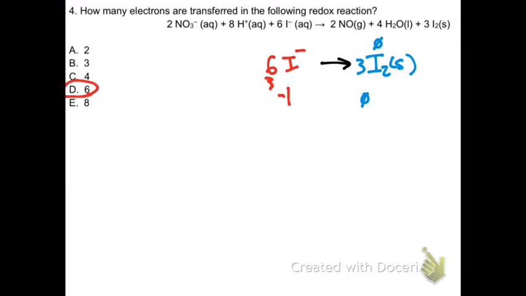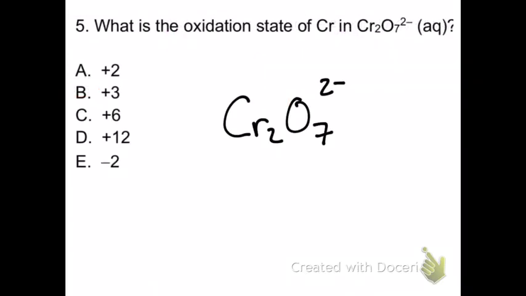If you want to think about it in terms of the reduction, we have nitrogen going from +5 down to +2. So each nitrogen gained 3 electrons, but there are 2 nitrogens that did that. So again, it's 6 electrons. Whenever we have a balanced reaction, it has to be an equal number of electrons involved in the oxidation and the reduction.